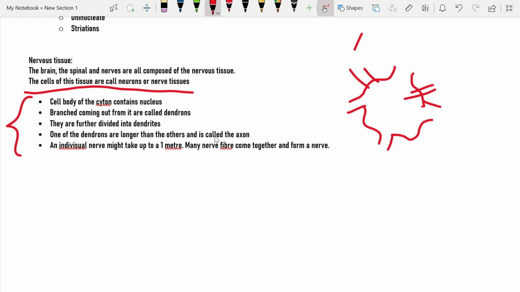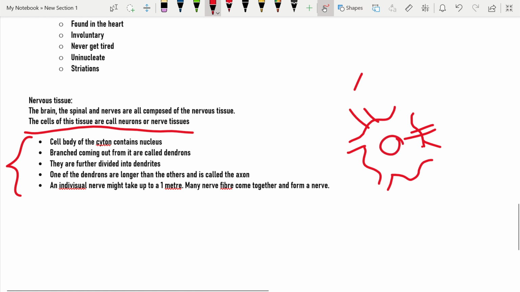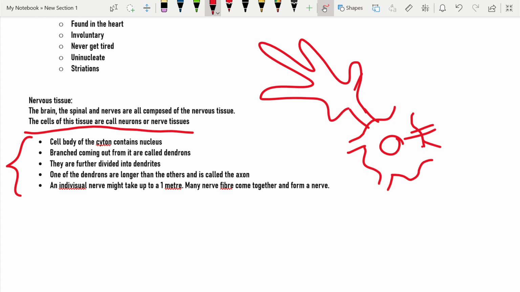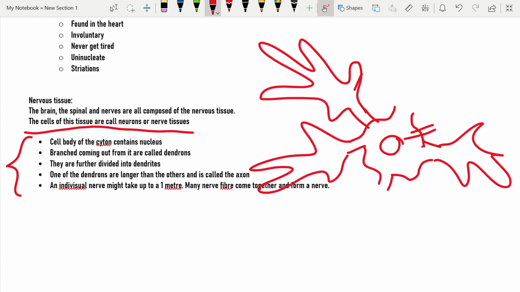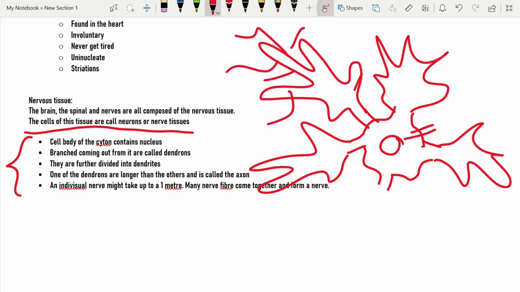So why I've made this is that we've got the nucleus in the middle, and they've got dendrons coming out of them. And then they're further divided into dendrites, so they might have things coming out like that. One of the dendrons is longer than the others and is called the axon.